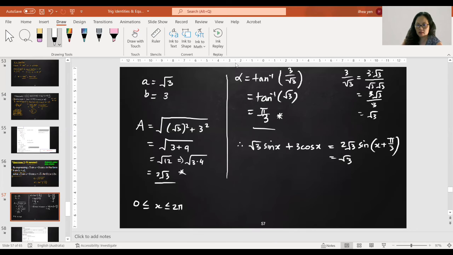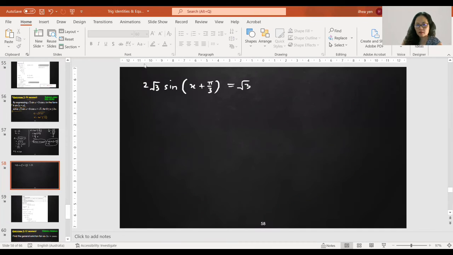Okay, so instead of using these, because you've got 2 unknowns, I'm going to use these, because that looks much simpler and easier. Then I divide by 2 root 3 on that. Sine of x plus pi on 3 equals root 3 over 2 root 3, which becomes half.